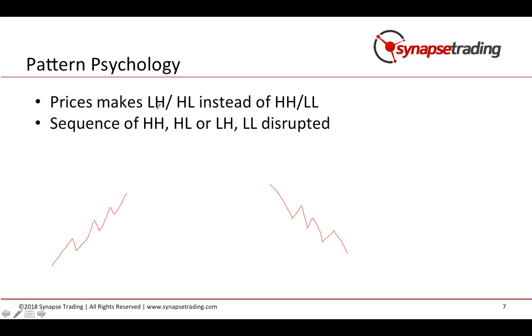So instead of making new highs, the price starts to make lower highs and lower lows. That's how you know that the trend has changed. And for a downtrend, the price starts making higher highs and higher lows. That's when you know it has changed.